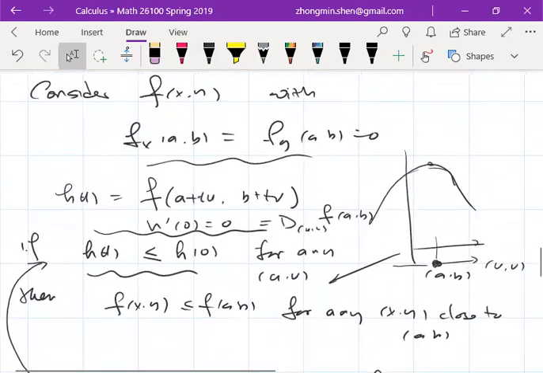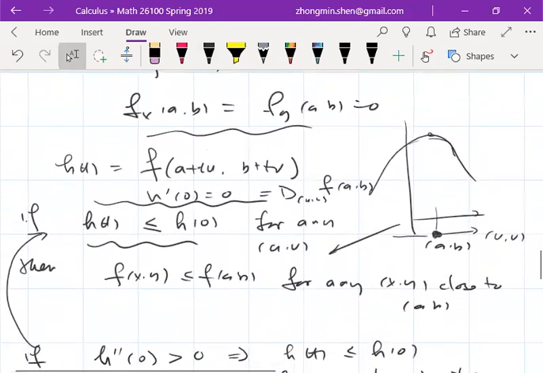I know h of t prime is going to be 0. The reason is the partial derivatives are 0. Then I want to make sure when the function has a local maximum value. The function f has a local maximum value if and only if h of t has a local maximum value. That's just one variable, and for any direction, right?